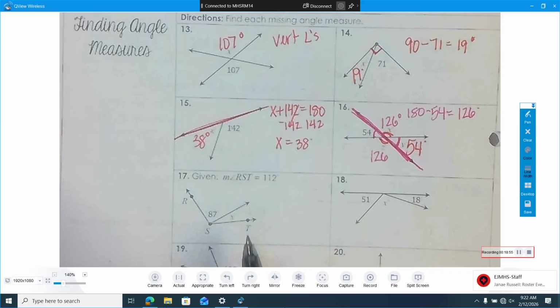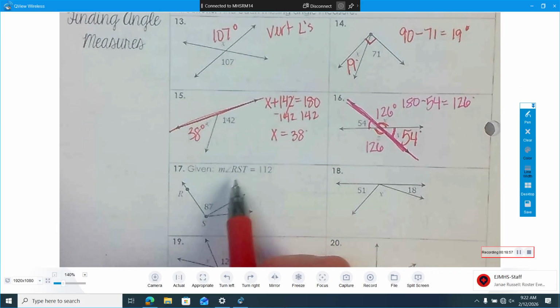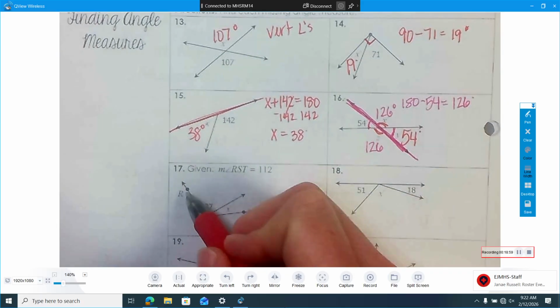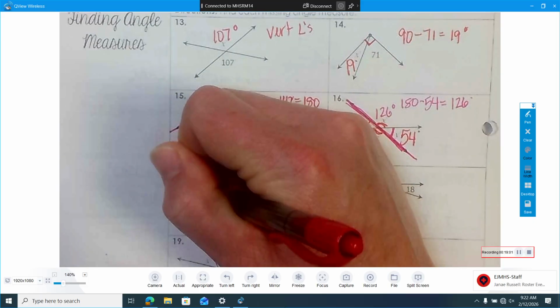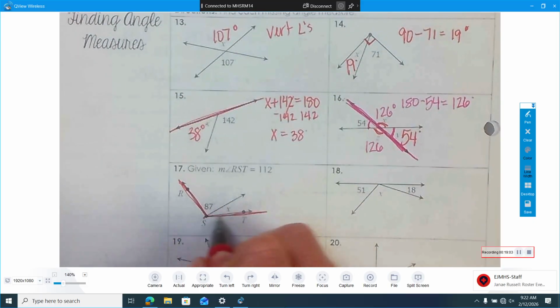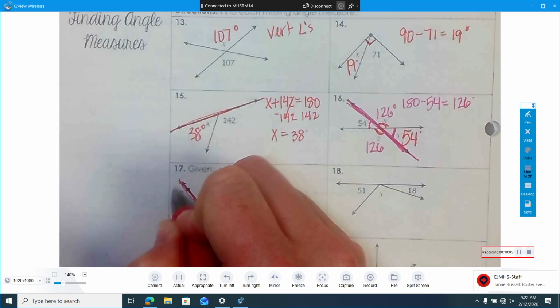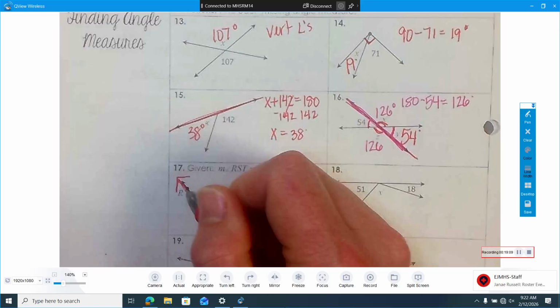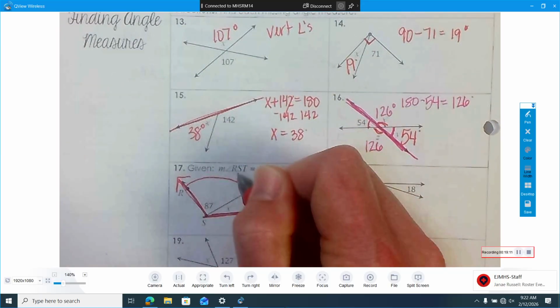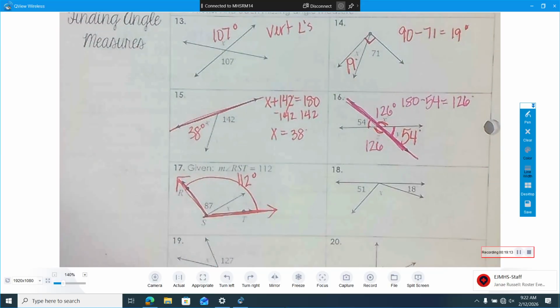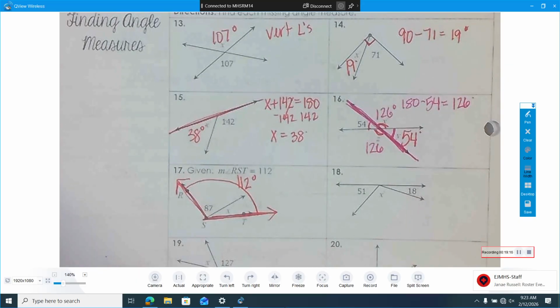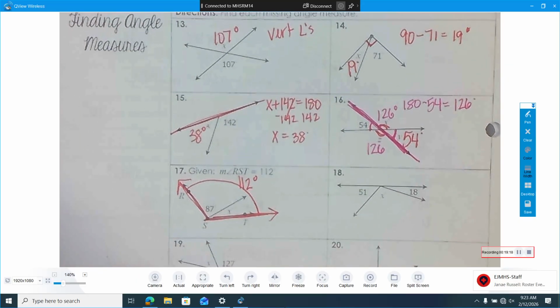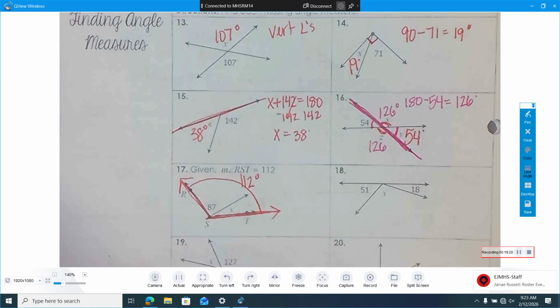Number 17. It says angle RST. RST is this whole big angle. I'm highlighting the sides there for you. And the whole thing is 112 degrees. How are we going to figure out what X is? Yeah, very good.